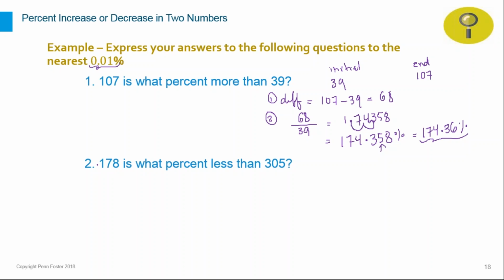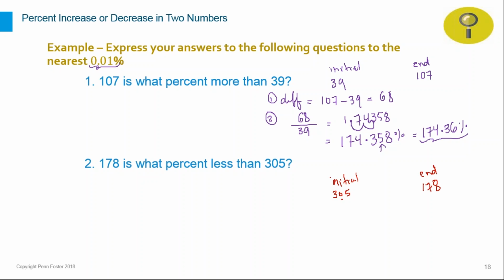So the initial value in this case is the 305, which got decreased by a certain amount of units to the end value, which is 178.